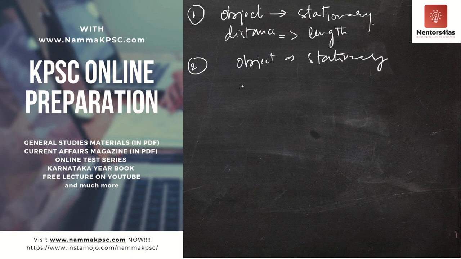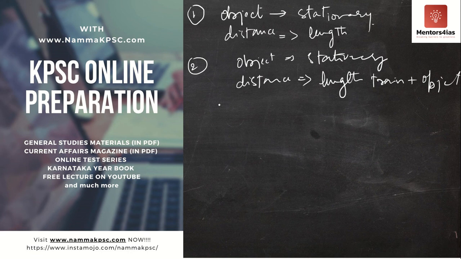But in this case, the distance traveled will be equal to the length of the train plus the length of the object.